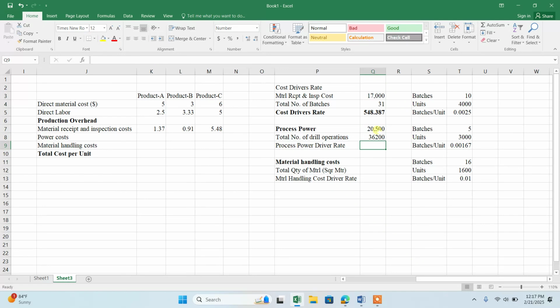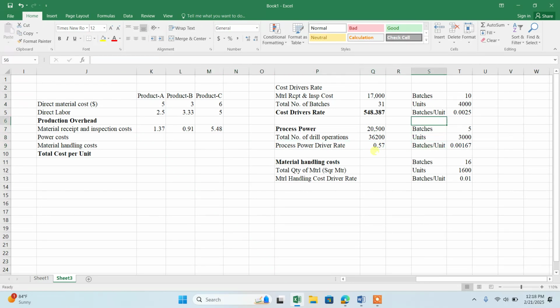Now I have to find the cost driver rate, same as we did in absorption costing, but that was the same for all. What does this mean? It means that one drill costs me 0.057.